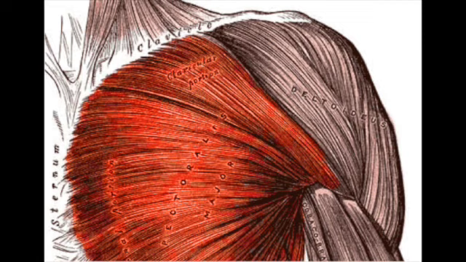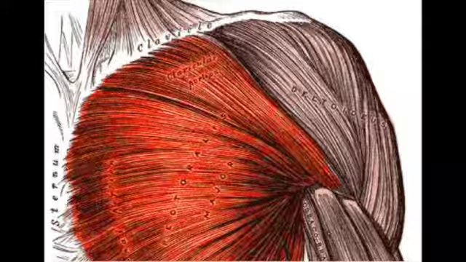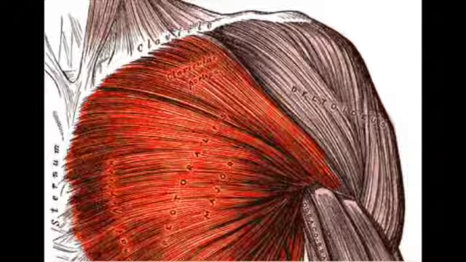So if you had your arm up out to the side, your arm would come back down to your body. That would be adduction of the shoulder. Pectoralis major also assists in medial rotation. It's going to move your shoulder inward, in other words. Medial rotation, I believe there's another term for that. I think it's internal rotation.